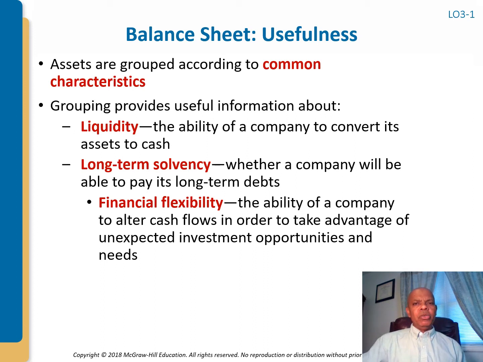Grouping provides useful information about liquidity, the ability of a company to convert its assets to cash; long-term solvency, whether the company will be able to pay its long-term debt; and financial flexibility, the ability of a company to hold cash flow in order to take advantage of unexpected investment opportunities and needs. What exactly is this talking about here?